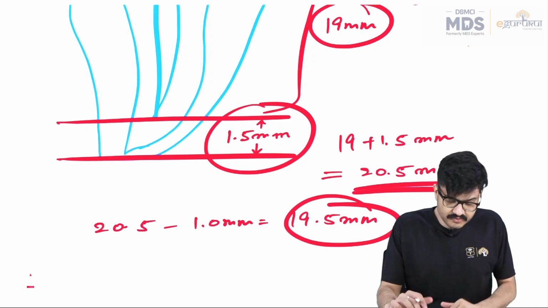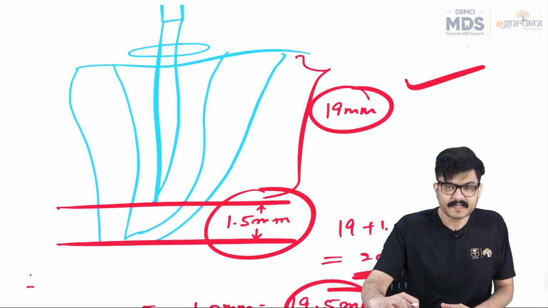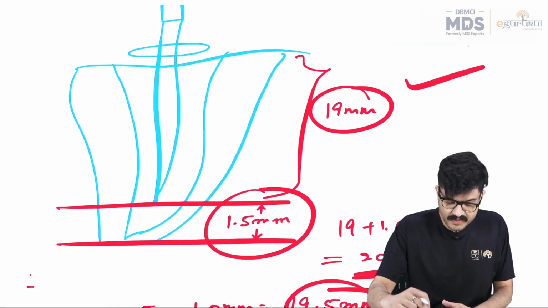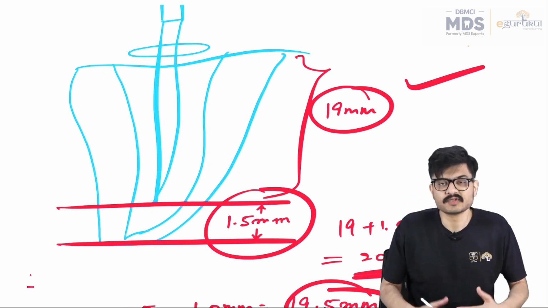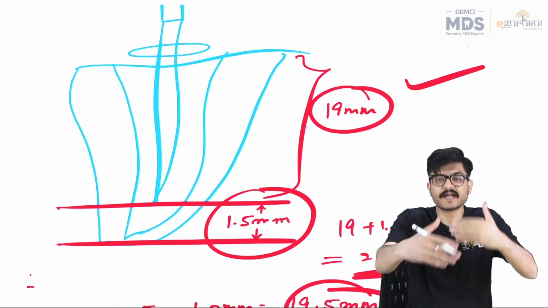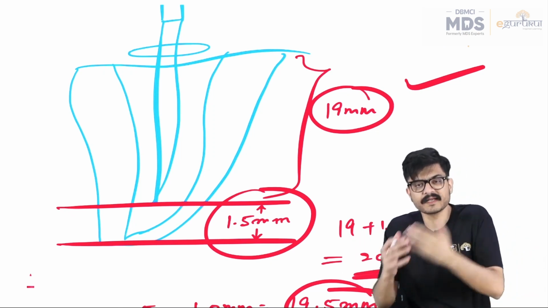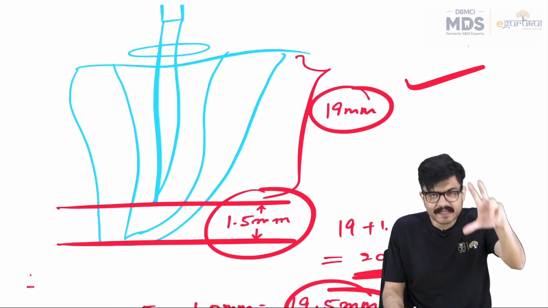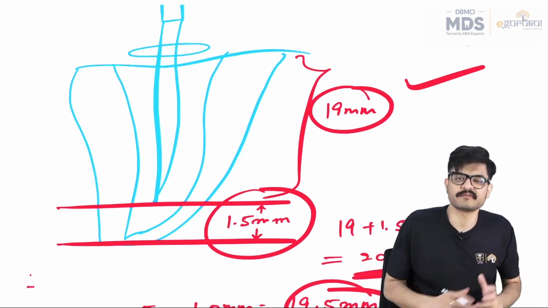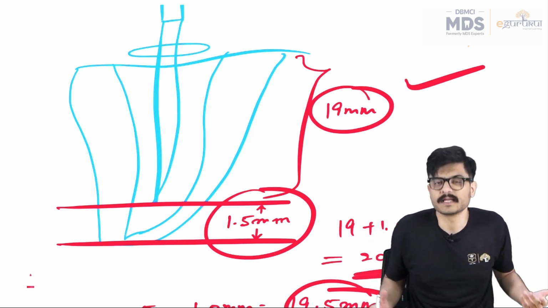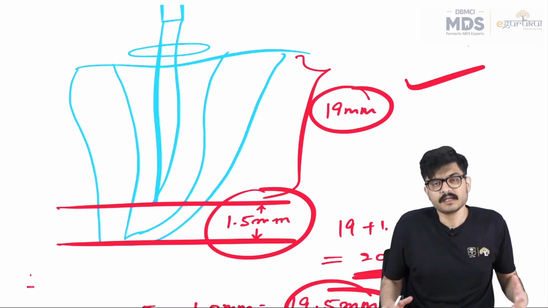Right? The other situation could have been that this 19 mm file was beyond the apex. So what if it was beyond the apex by 0.5 mm? So I will reduce the length. So that means 19 minus 0.5 mm, that is 18.5 mm would be my tooth length now, and 18.5 mm minus 1 mm, that is 17.5 mm would be my final working length. Right? So I hope this is clear.